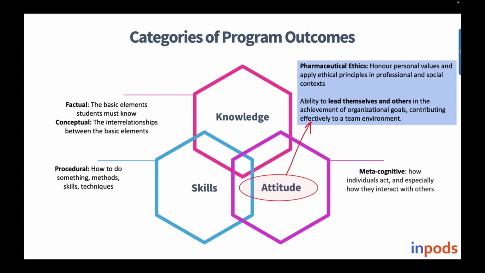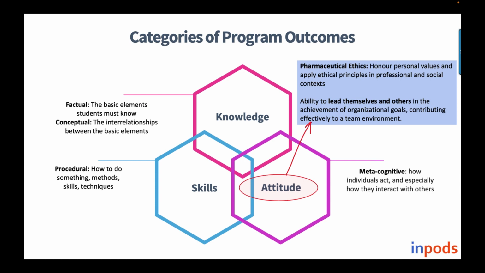When it comes to the example of a PO from the attitude category, these are the couple of examples I would like to present here. Pharmaceutical ethics, for example, honor personal values and apply ethical principles in professional and social contexts, is a good example of a PO that falls into the attitude category.